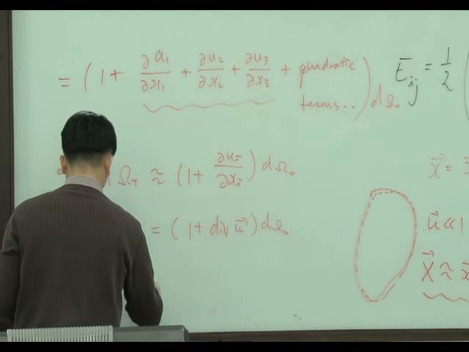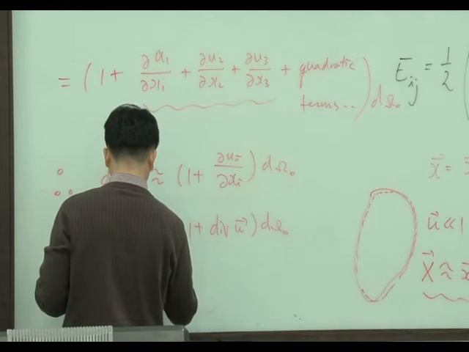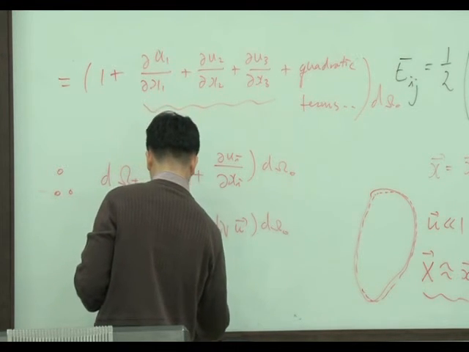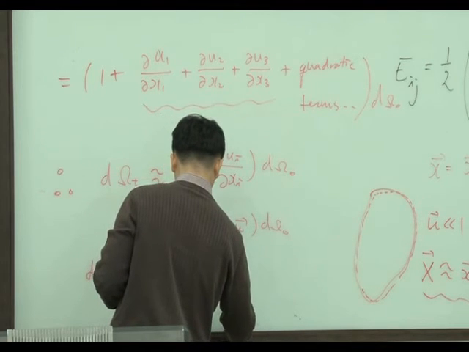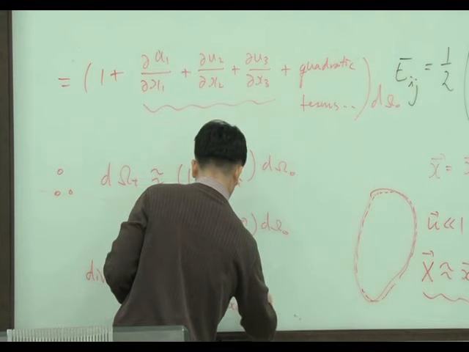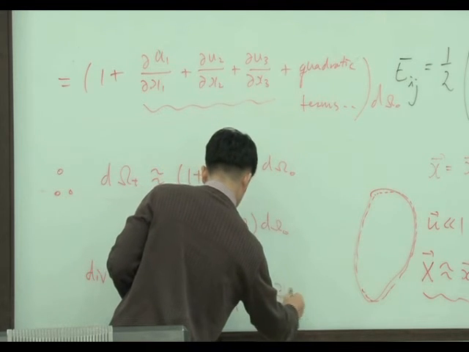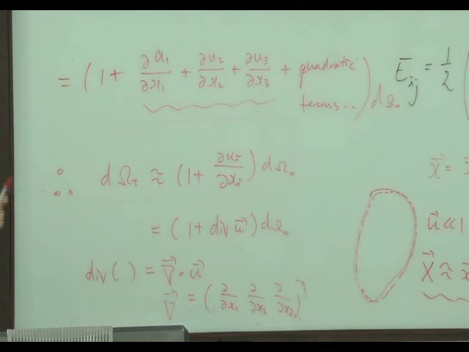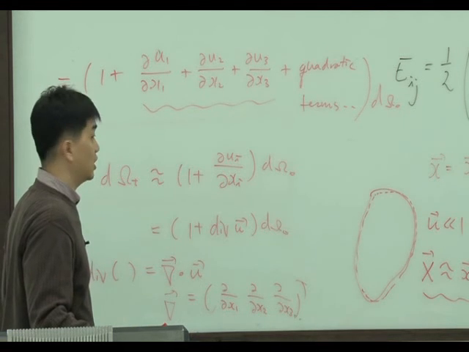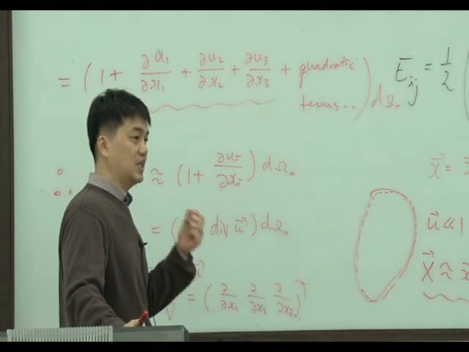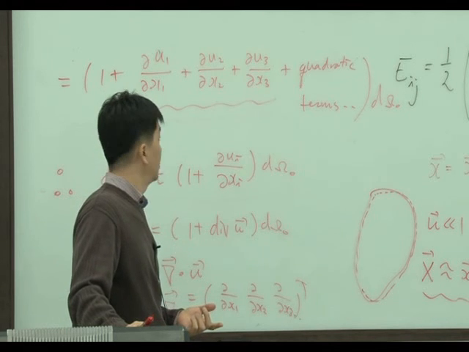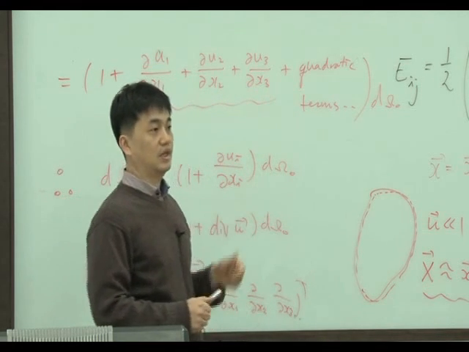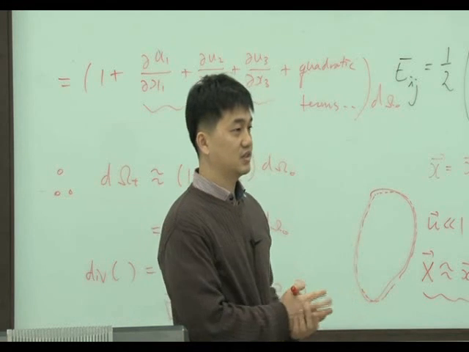Divergence of u equals the dot product of u and transpose nabla. So in small deformation theory, the volume change can be very easily calculated by only these three components. That's very well known, right? In fluid mechanics and solid mechanics.